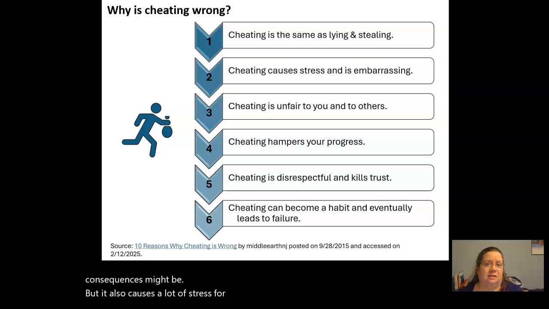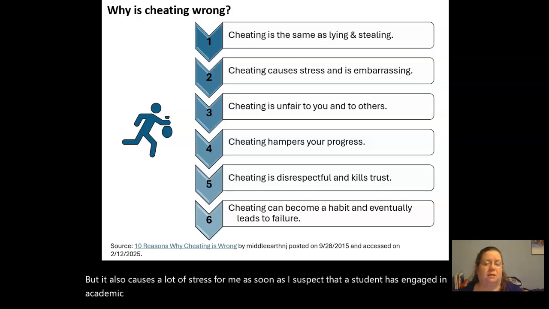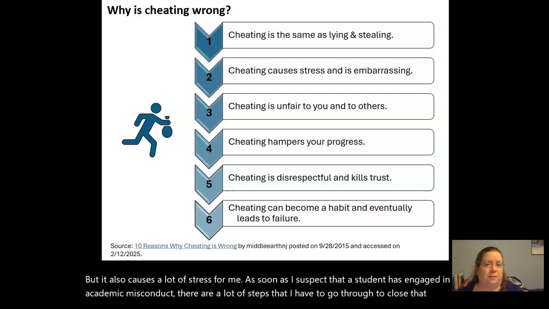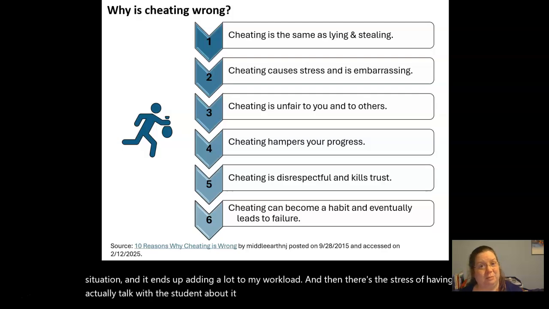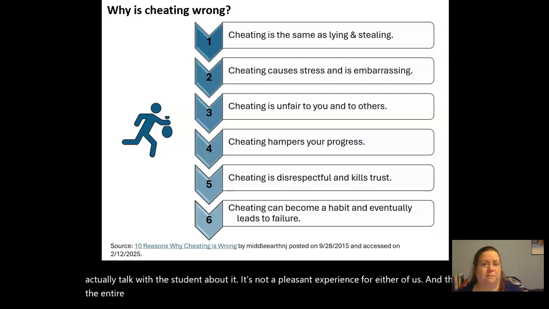As soon as I suspect that a student has engaged in academic misconduct, there are a lot of steps that I have to go through to close that situation. And it ends up adding a lot to my workload. And then there's the stress of having to actually talk with the student about it. It's not a pleasant experience for either of us. And then the entire process of submitting the report to the Dean of Students office and accommodating an appeal if one is filed.